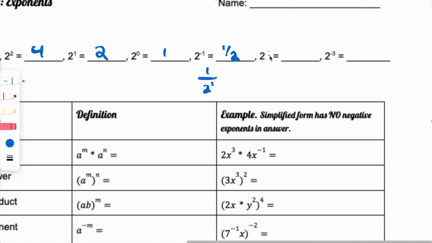Now 2 to the negative second power is going to be 1 over 2 squared, which I'm just going to write as 1 over 2 times 2, which is essentially 1 over 4, 1/4. And 2 to the negative third is going to be 1 over 2 cubed, which is just 1 over 2 times 2 times 2, which is just going to be 1 over 8.